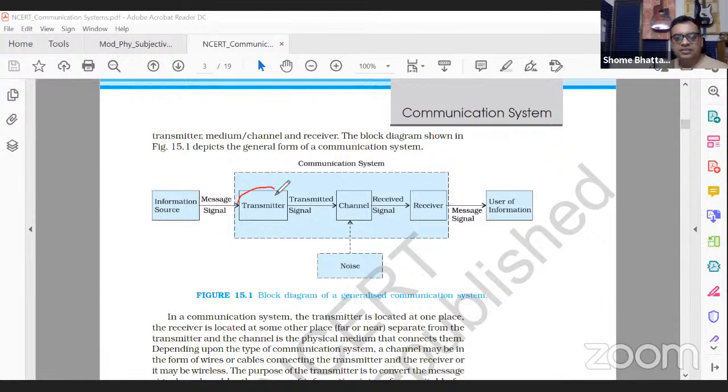So basically it's a 3-element system: transmitter, the channel, and the receiver. So information source, it converts into message signal, or what we call the input signal. Okay. And what the transmitter does is it combines the carrier wave along with the input signal into the transmitted signal, and the transmitted signal is nothing but the modulated carrier wave.